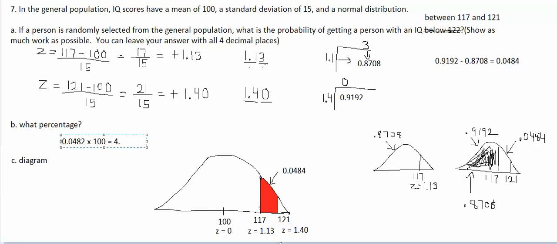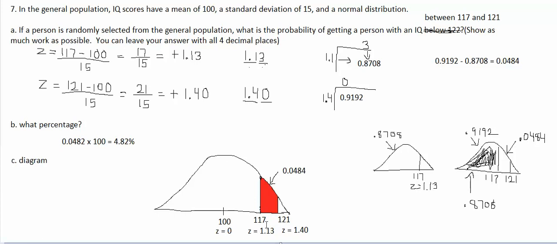This would be 4.84%. And make a diagram showing the probability of getting a person from the shaded area. And shade the area that we're focusing on, which is, in this case, between two numbers, 117 and 121.